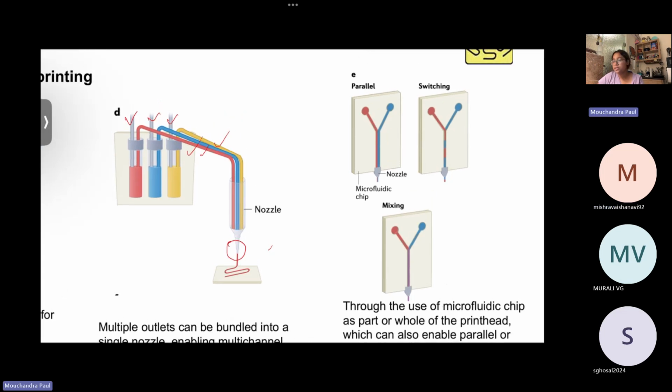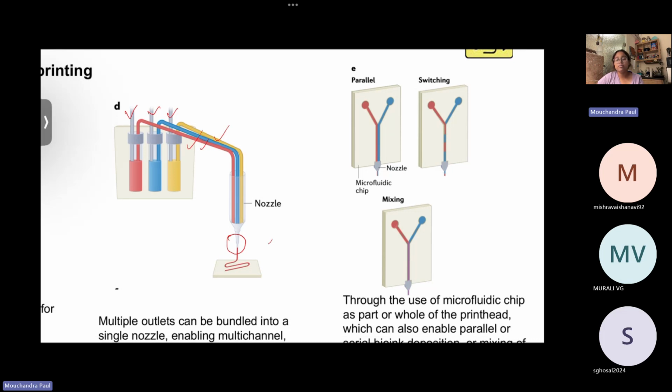Now, the third way of doing multi-material bioprinting is using microfluidic chips. It sounds very fancy, this term microfluidic chip, but it is nothing but a rectangular chip-like structure within which you create micron-size channels.